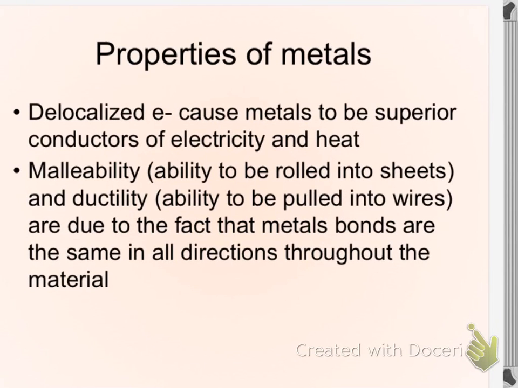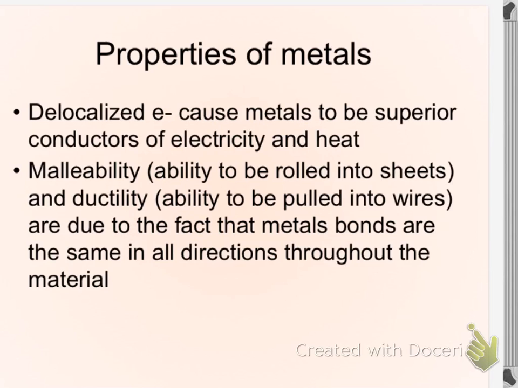So you add electrons to a piece of metal, that's fine, we can take more, we'll just push some off the other end. They conduct very well. The malleability and ductility are all because of that sea of electrons model. The fact that there are lines of force going in all directions. So it doesn't matter if you smash it flat, it's still attracted to itself.